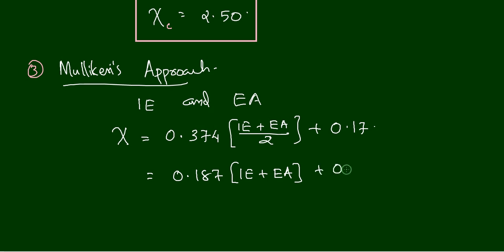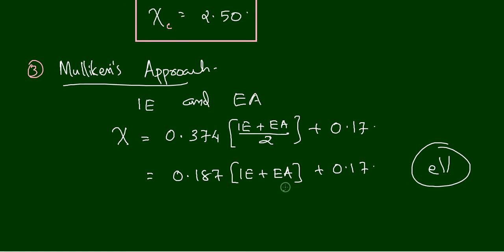plus 0.17. Here we have to take care that the ionization energy and electron affinity are given in electron volt. If they are given in some other units, you have to convert to electron volt. So that is very important.